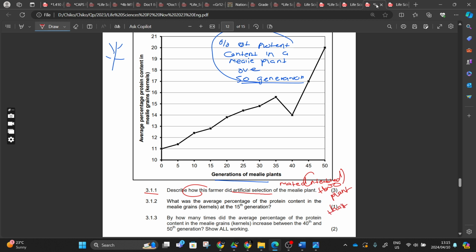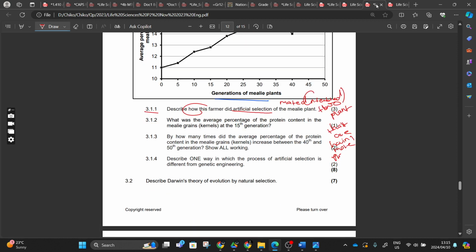that have more protein content, right? This is what the farmer did. He mated or interbred mealy plants with a high protein content, over 50 generations.